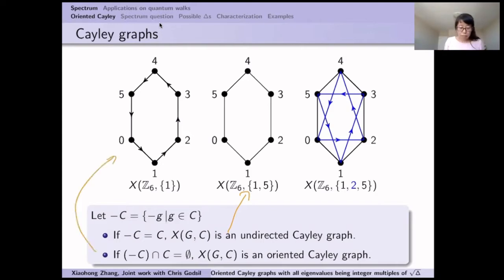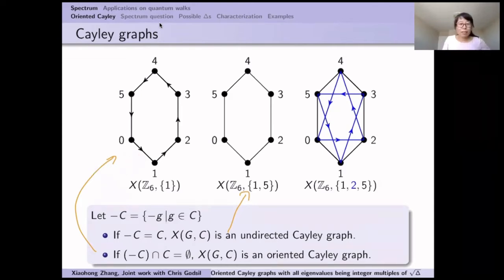In this case, we will have an oriented graph. Because if they are disjoint, it means if G minus H is in the connection set C, then H minus G is not, so there is only one way. And this one corresponds to the case where C and minus C overlap, but they are not identical. We will be focusing on these types of graphs.